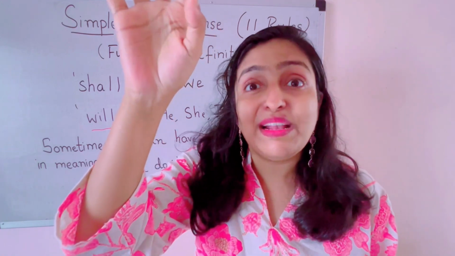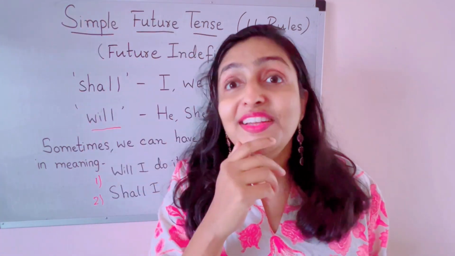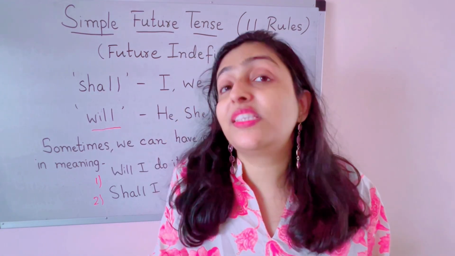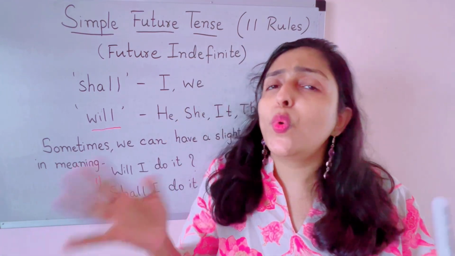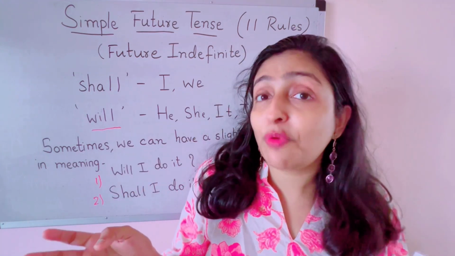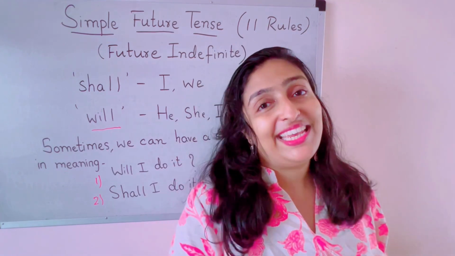Yes, I am willing. I am so interested and concerned that yes, shall I do it? So, in many such cases, we can see that will and shall, although they can be used interchangeably, sometimes can also change the meaning.